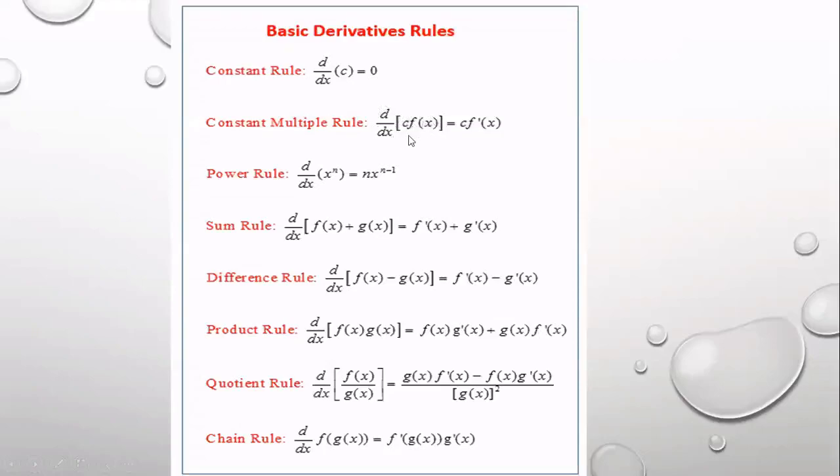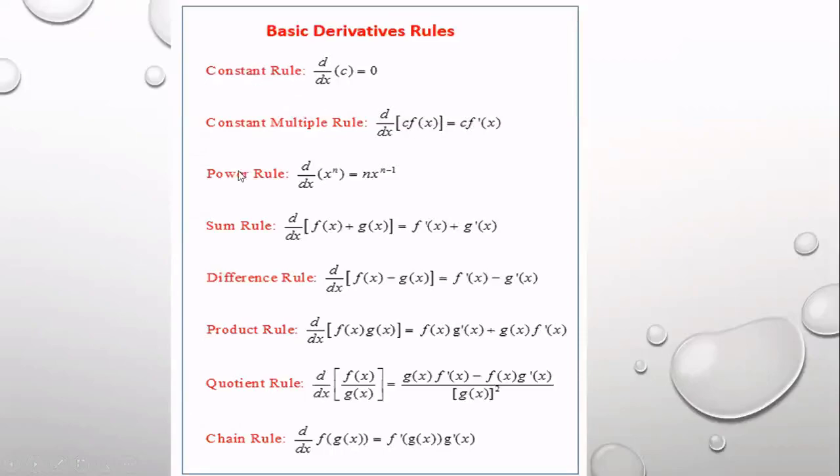Constant alone, you differentiate, it should be zero. Constant with a variable, take the constant out and differentiate the variable. That's why it is C into F dash. Don't differentiate the constant when you multiply. Here this is a constant alone.